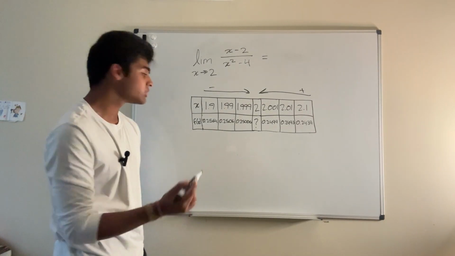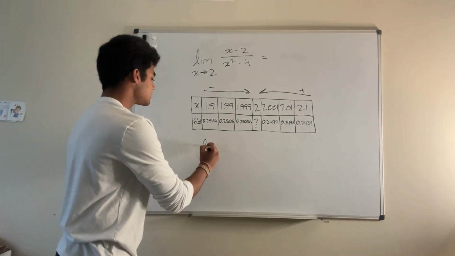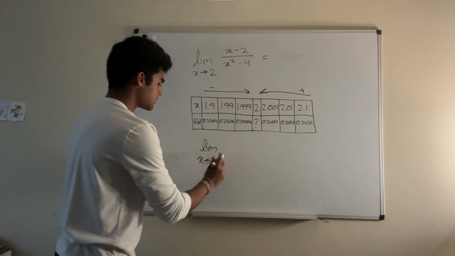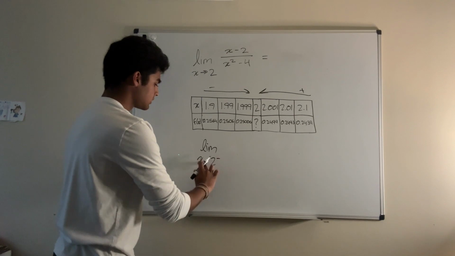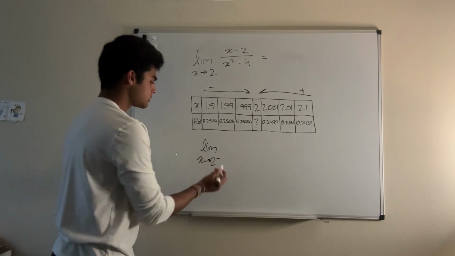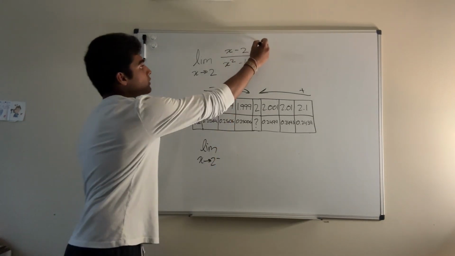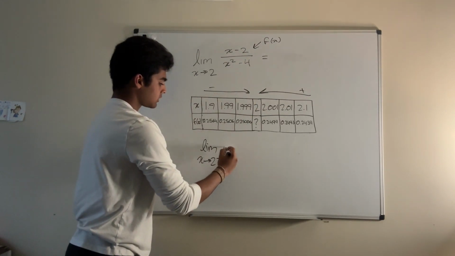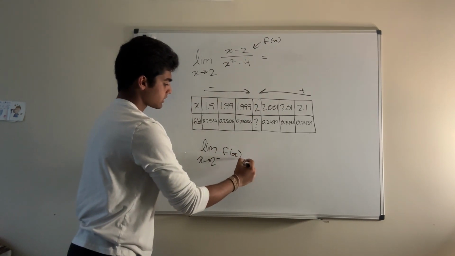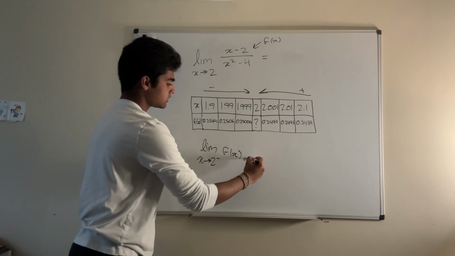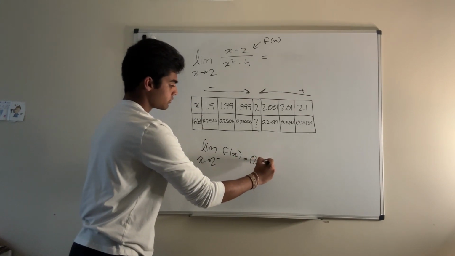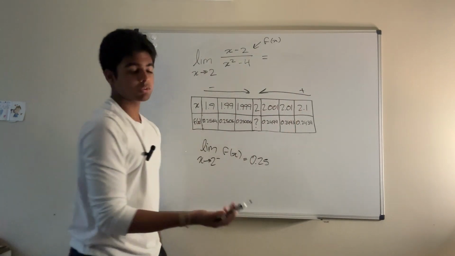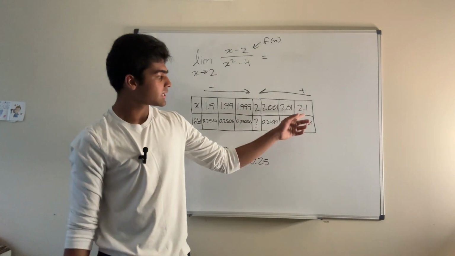So we can safely assume that the limit as x approaches 2 from the negative side of f of x equals 0.25.